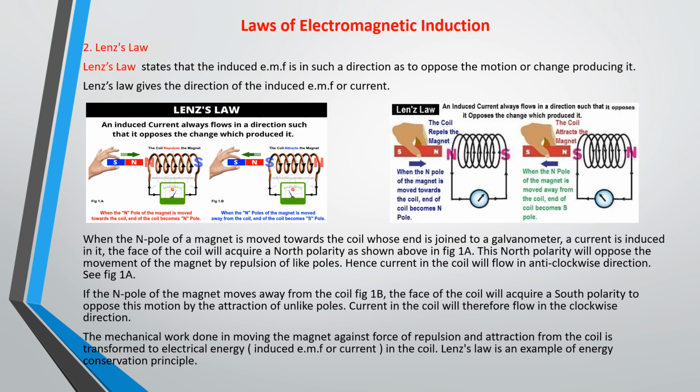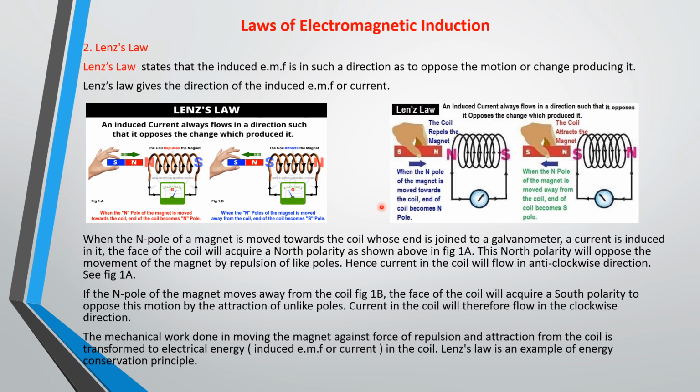So the next law is Lenz's law, the second law of electromagnetic induction. This law states that the induced EMF, that is when you bring a magnet close to a conductor, the induced EMF is in such a direction as to oppose the motion or change producing it.